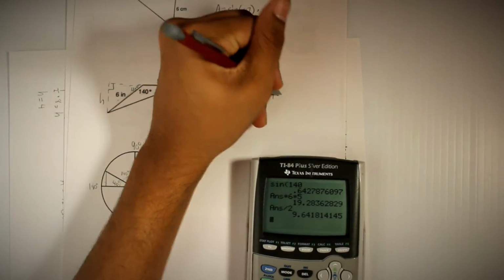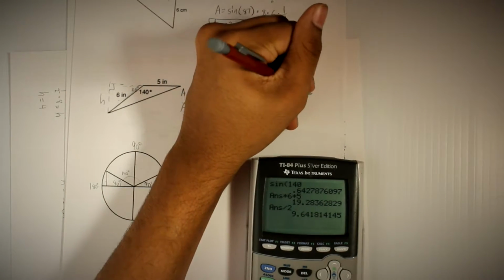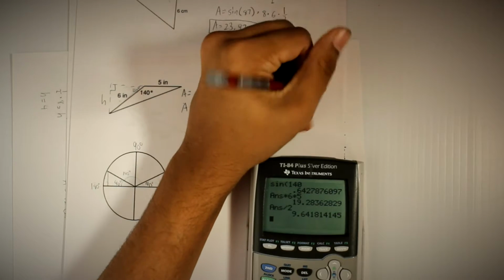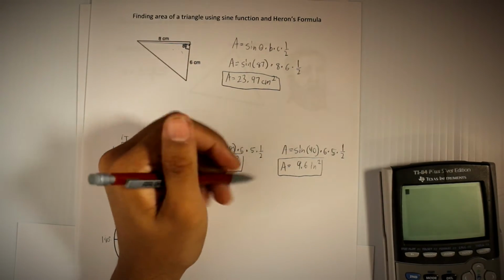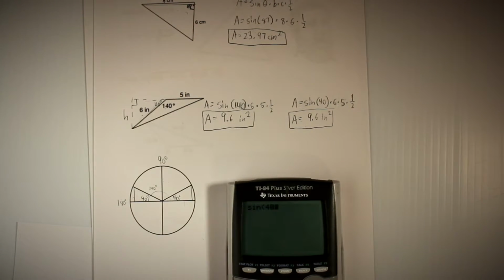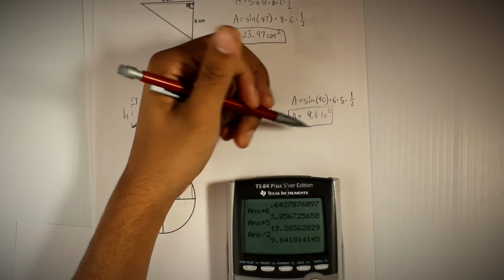So area would equal sine 40 multiplied by 6 multiplied by 5, divided by 2. When we divide that by 2, the area should come out to 9.6 inches squared again.